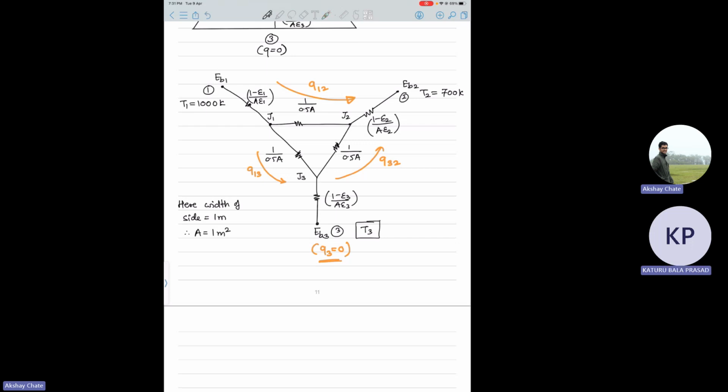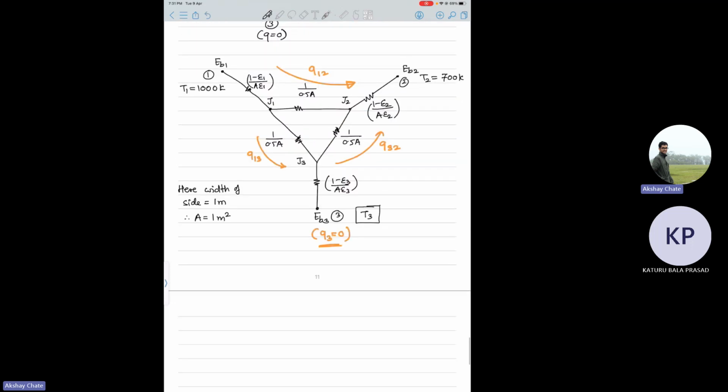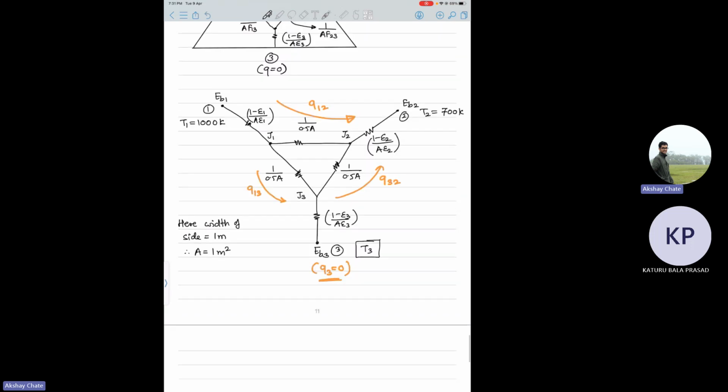Okay, so we'll go to the next part. So here, see, we need to find in this problem what is the value of Q122, right? This is Q122 plus Q123. What is heat leaving from 1 to 3 and 1 to 2?